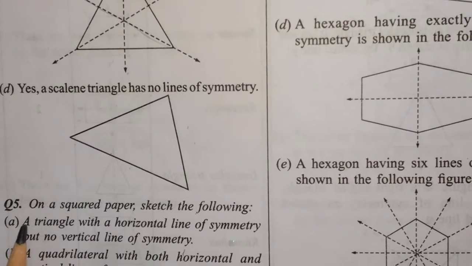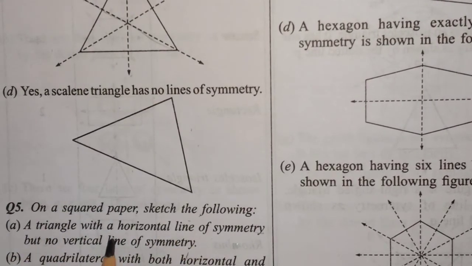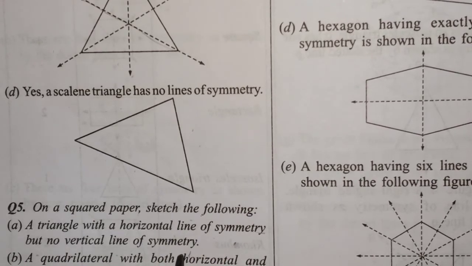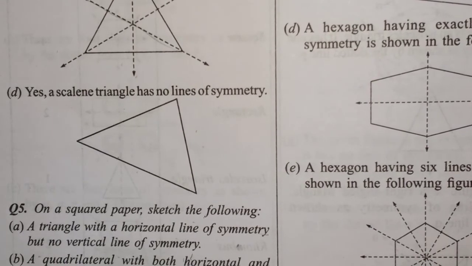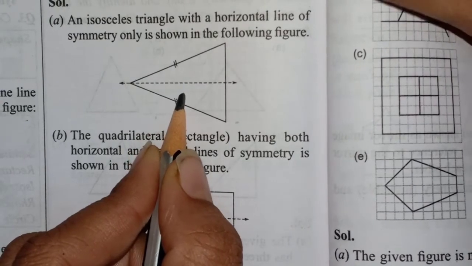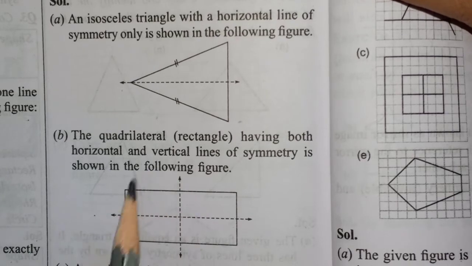Now question number 5: on square paper sketch the following. A: a triangle with a horizontal line of symmetry but not a vertical line of symmetry. So here we draw the triangle in a horizontal form. See here we draw the horizontal line in the diagram. Question B: a quadrilateral with both horizontal and vertical lines of symmetry.